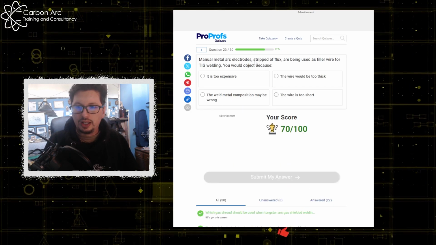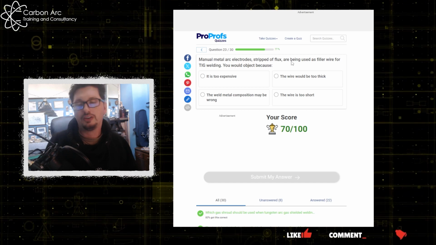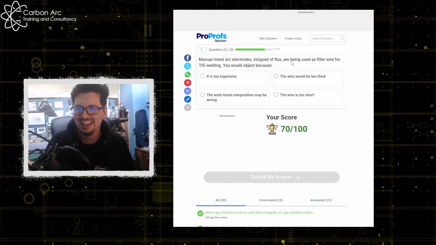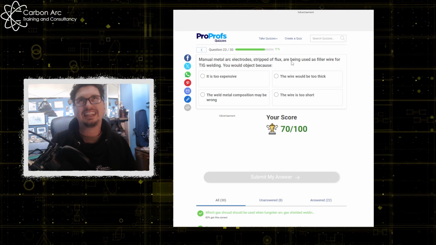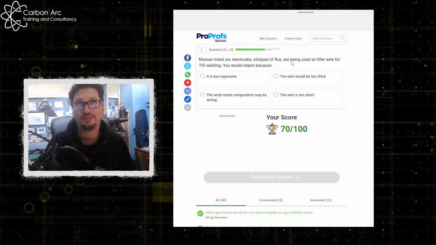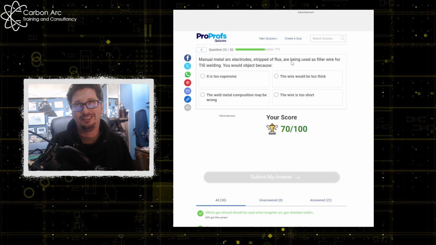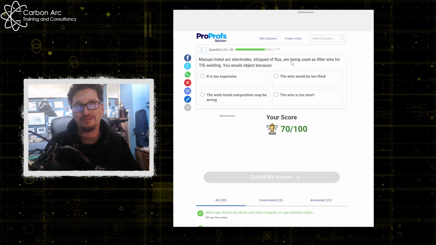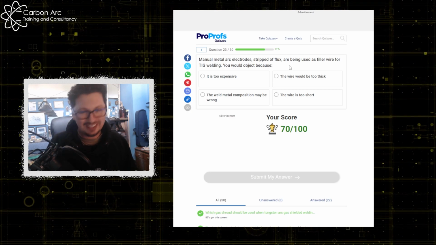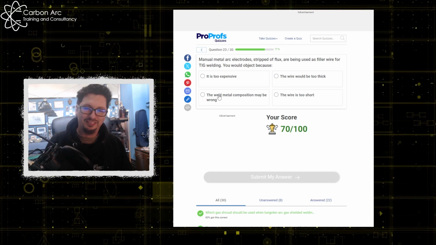Manual metal arc electrodes stripped of the flux. This question has existed as a homework question in the CSWIP 3.1 for years, and it has just been regurgitated in every practice exam. But here it is.